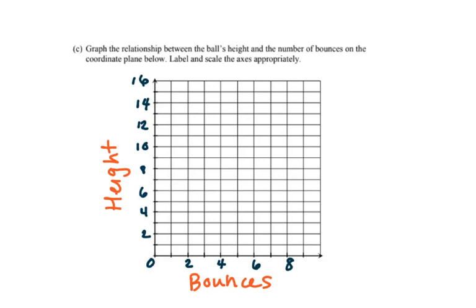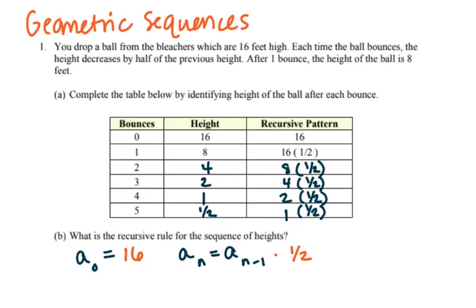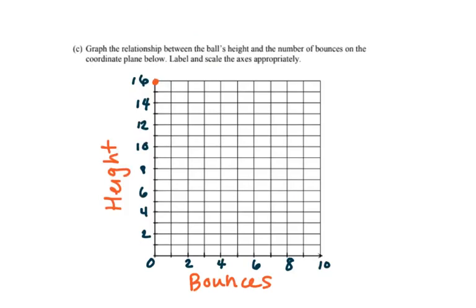All right. So the first bounce started way up at the top, and at the beginning, before it bounced at all, it started at a height of 16 feet. And then at 8, so again, I'm just using our values here in the table. So we've already got our points here, x and y. So our next one will be at 1, 8.